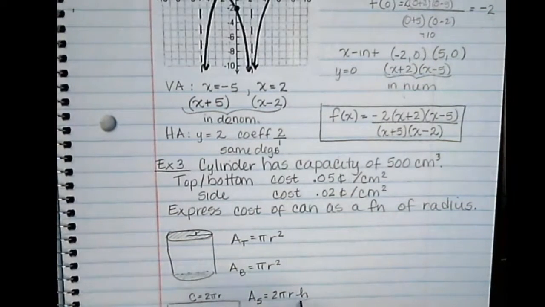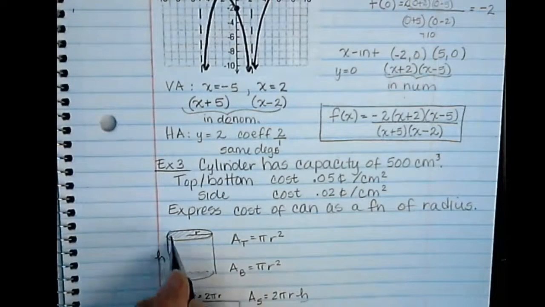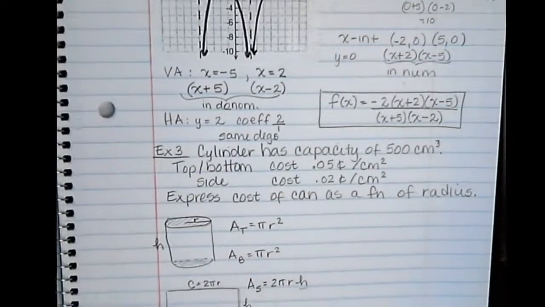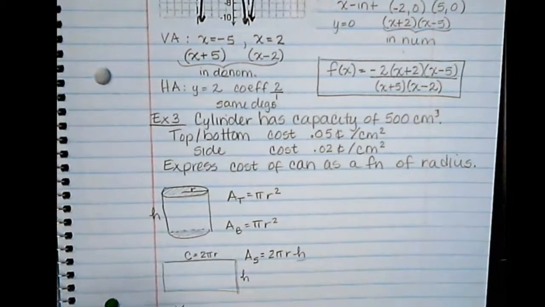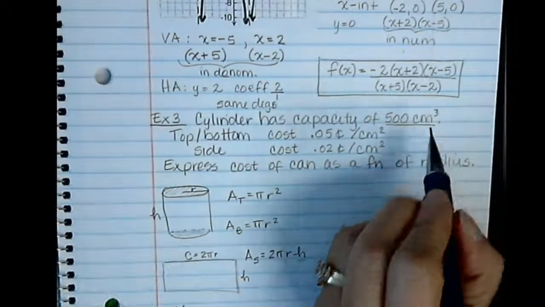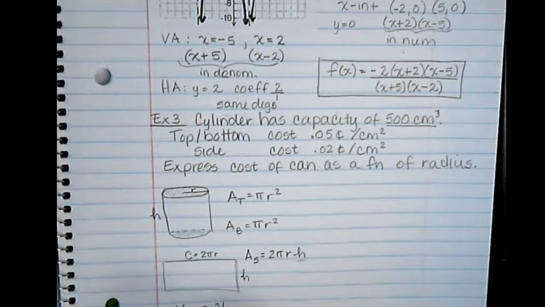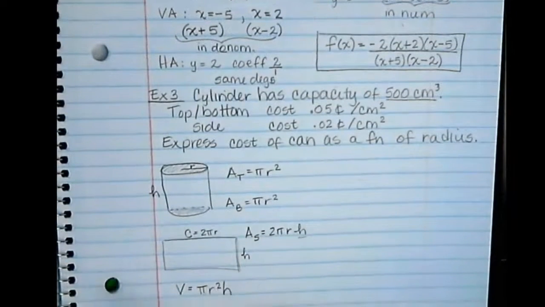So we have an h, and we don't know what that h is. Well, we know it's the height of our can, so we're going to have to figure out that one. But what we do know is that the volume of the can is 500 centimeters cubed. To find the volume, you get the area of the bottom and multiply it times the height, and that will give you the volume.